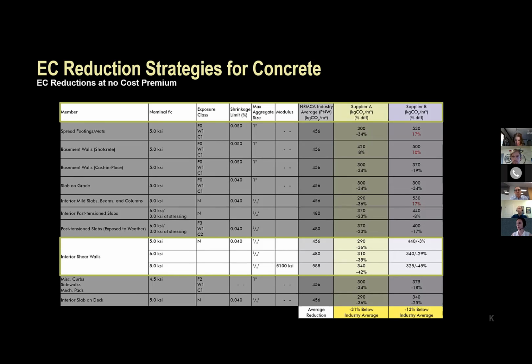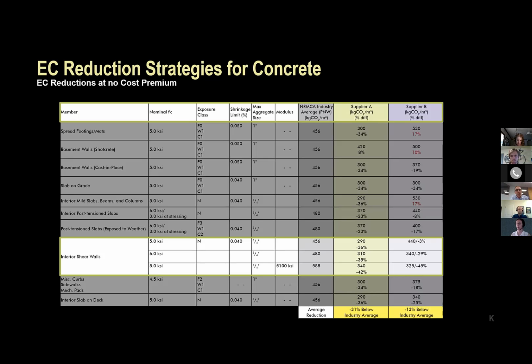In the case of this project, the winning supplier was 31% below the NRMCA regional averages for their area. But more importantly, for our client, that winning supplier not only had the lowest carbon footprint, 18% lower than the other supplier, they were also the lowest cost, because we got out of their way and let them do what they need to do.